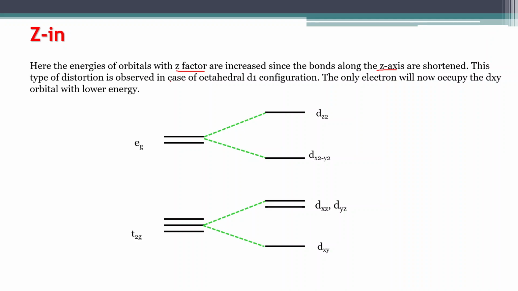This type of distortion is observed in the case of octahedral d1 configuration. The only electron will occupy the dxy orbital with the lowest energy. Then dxz, dyz, then dx square minus y square, and then the highest energy is dz square.